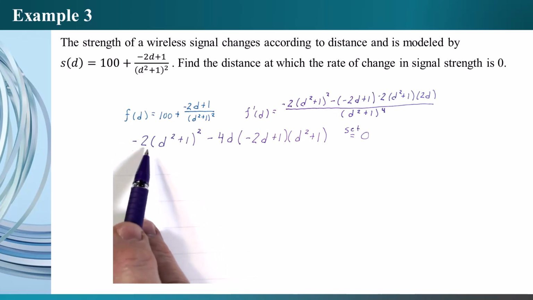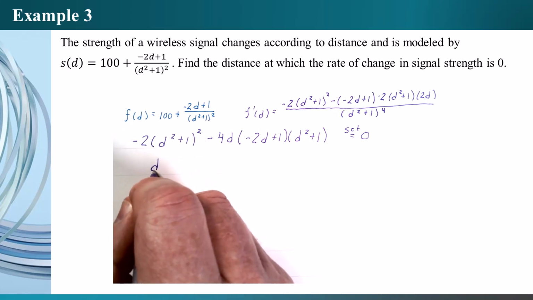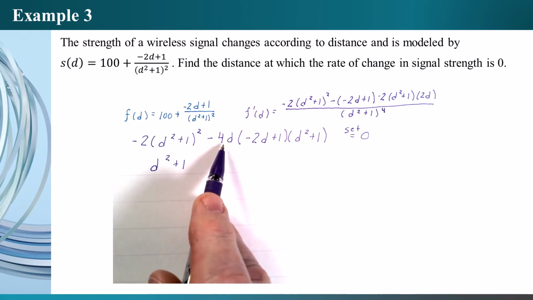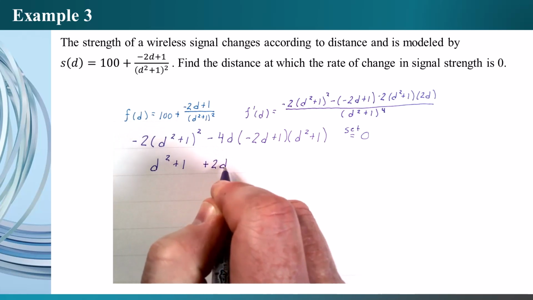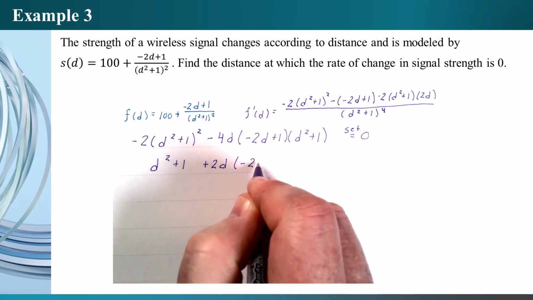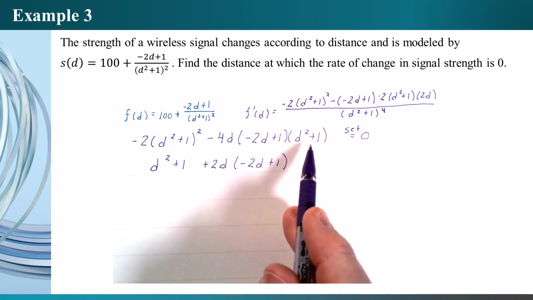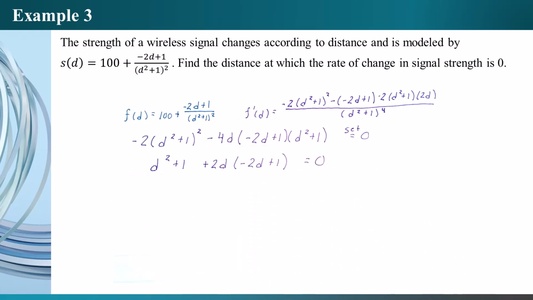So here in this first term, when we divide by negative 2 times (d squared plus 1), we're just left with d squared plus 1. In the second term, negative 4d divided by negative 2 gives us a positive 2d, and we have (negative 2d plus 1), and this d squared plus 1 is gone because we divided by it. And on the right-hand side, we still have 0.